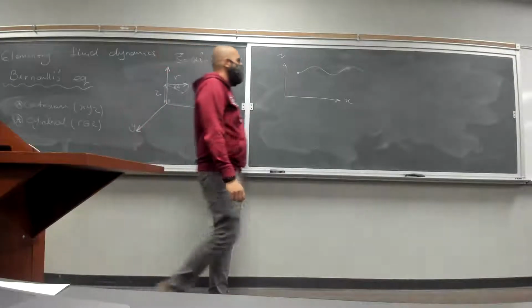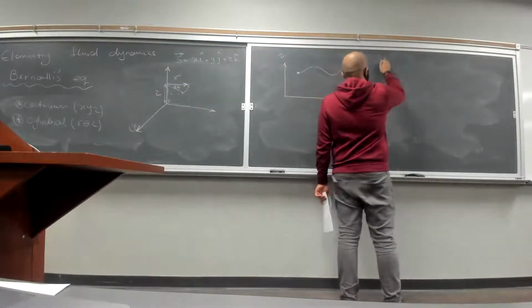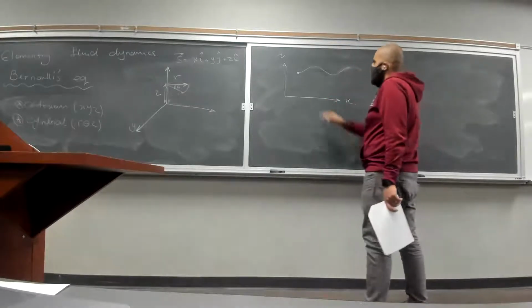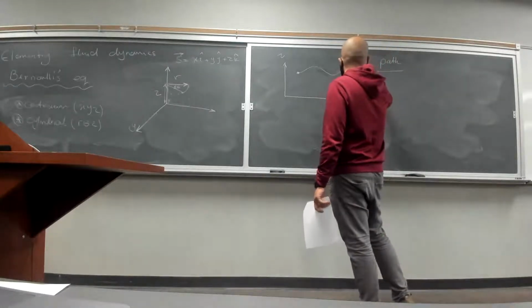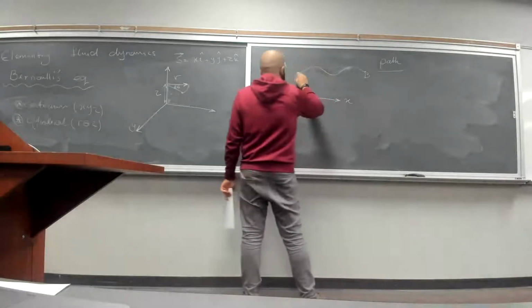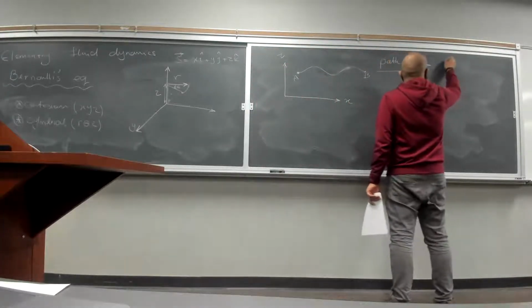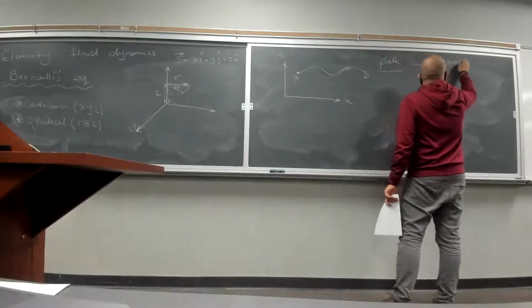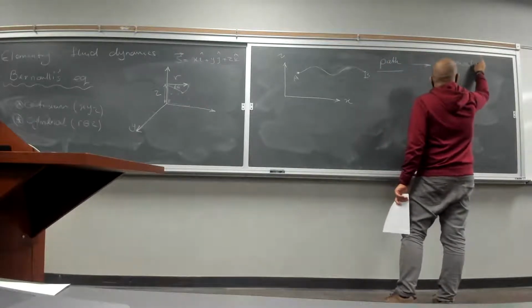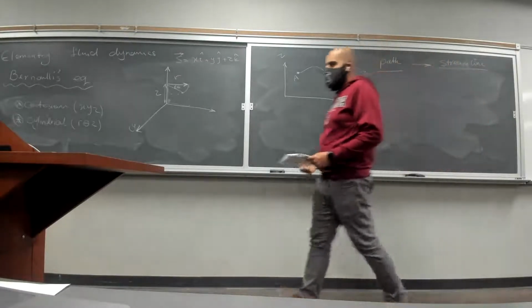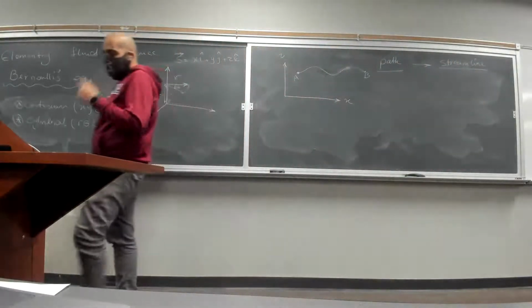The path every particle takes to move from a point A to point B, I don't know if we have talked about this before or not, but this path is called a streamline. Okay.